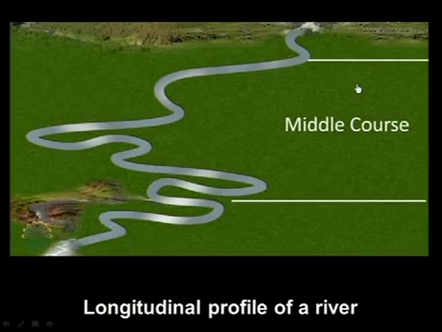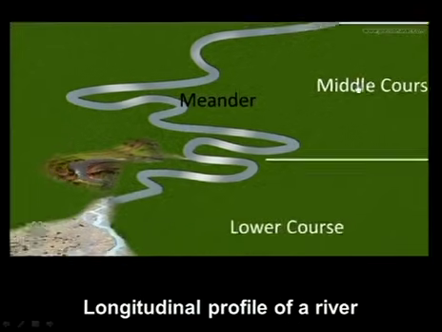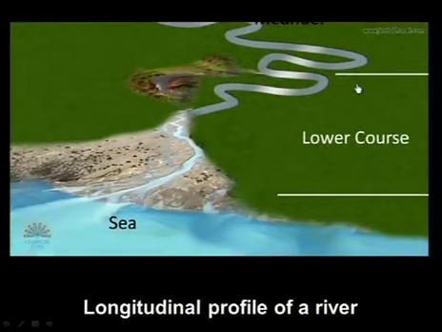Here, the velocity of the river is slower than the upper stage. Meanders are typical landforms found in this stage of the river. The third part of the river is the lower course, which has a gentle slope and is almost flat. The river channel is usually at its widest and deepest here, because the amount of water flowing within the river is at its greatest.